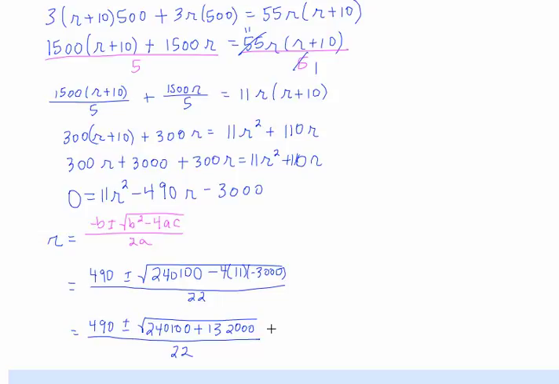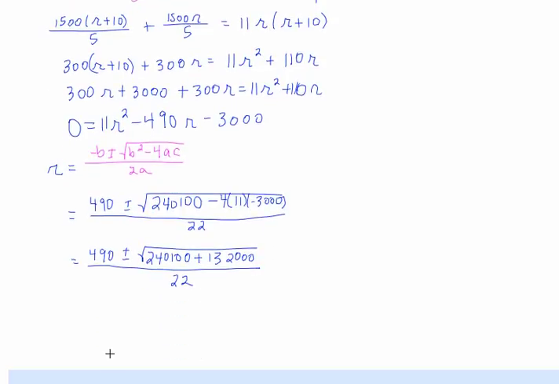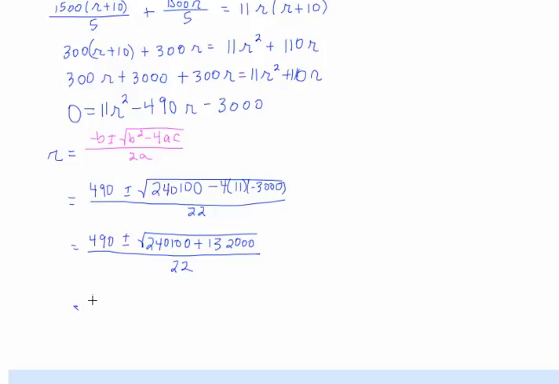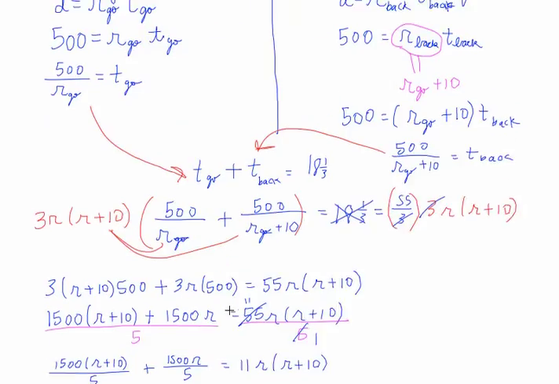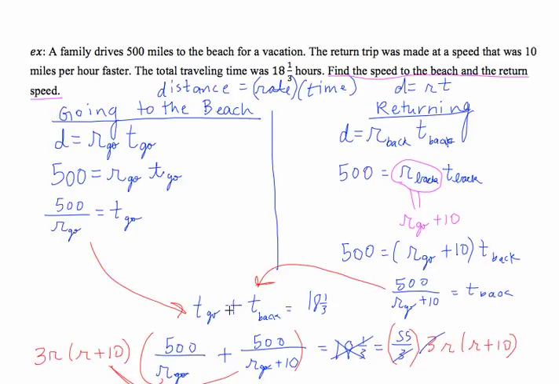Adding those two numbers together, I get 490 plus or minus the square root of 264,000. Now let's see if that has an exact square root. And it does not. Now you could simplify this, but it would take you a long time. And ultimately I think we just want an applied answer anyways, and by that I mean a rounded answer anyways.